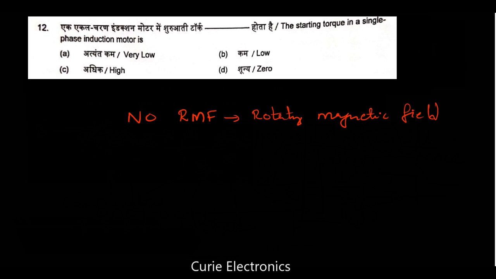Or we can say there is one forward magnetic field and one backward magnetic field, and the torque will be 0. So the starting torque in a single phase induction motor is 0.